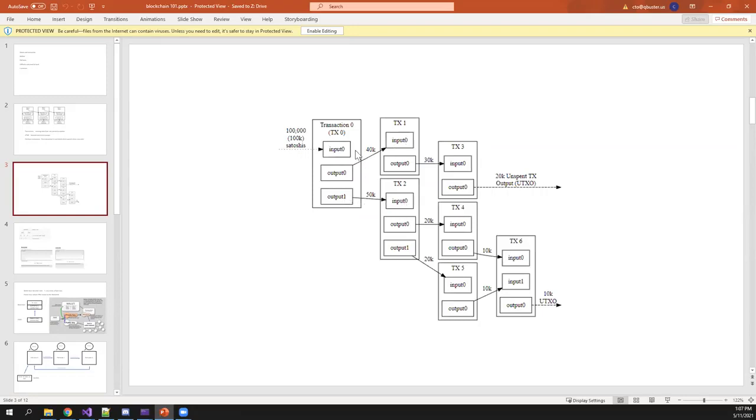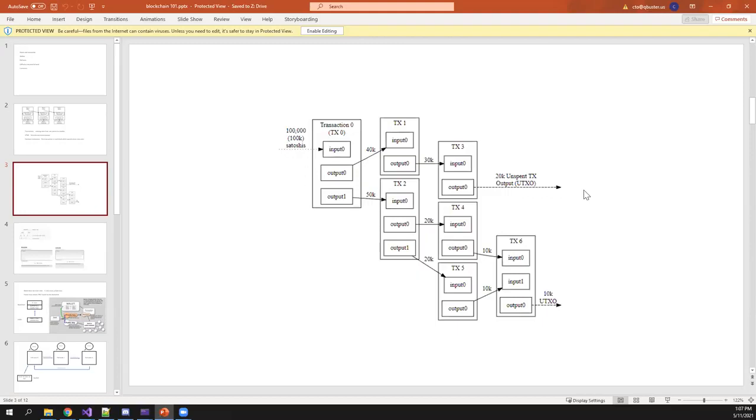There's still 10,000 left over unspent. And then somebody takes 30,000 of that 40,000 and sends it over here. This still has 10,000 unspent, right? And then of the 30,000, he sends 20,000 over here. All of these outputs are going into other inputs that are then being unspent, meaning storing value.